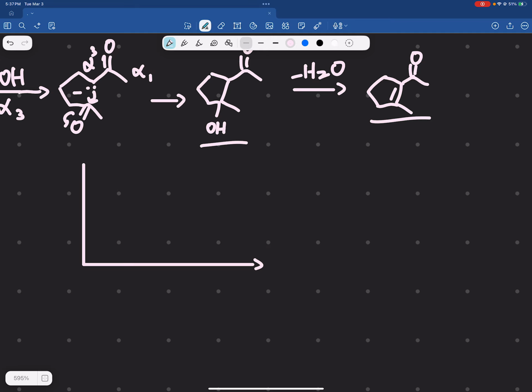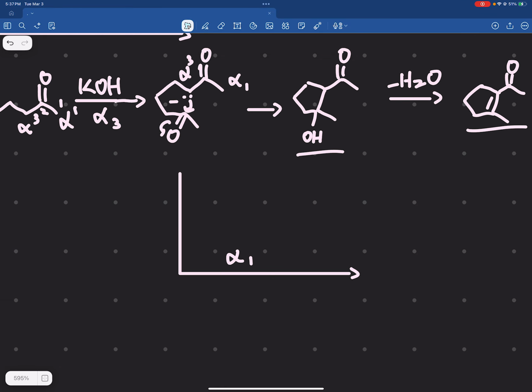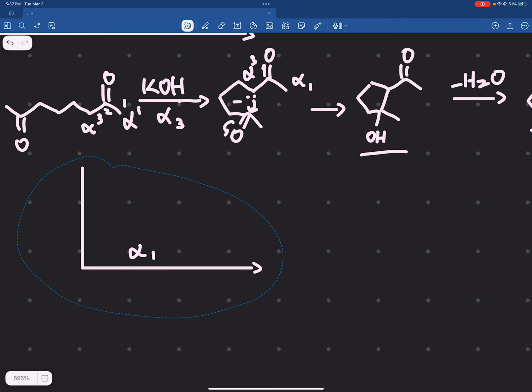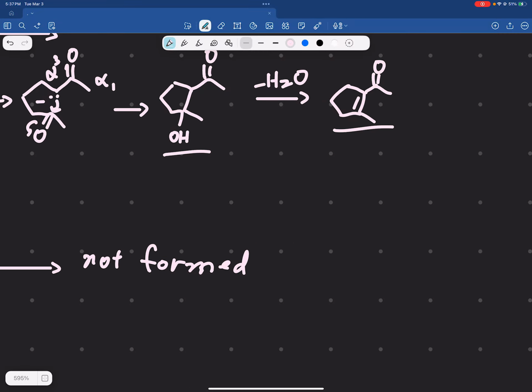If we look at the reaction at the first alpha carbon, it's going to form a 7-membered ring, but the 7-membered ring formation is strongly not favored compared to our 5-membered ring product here.